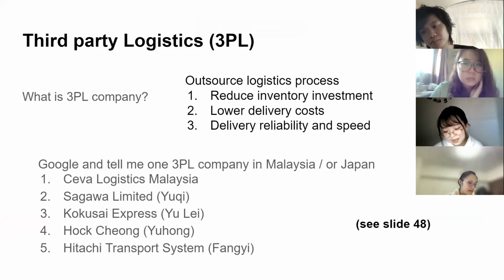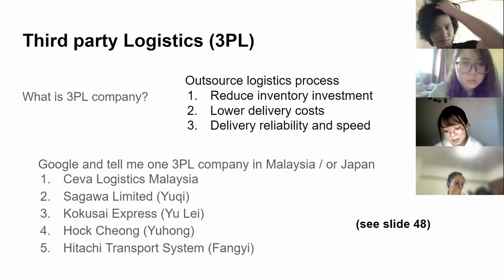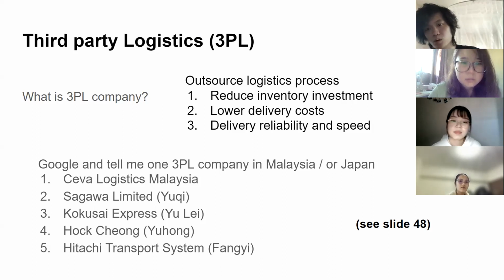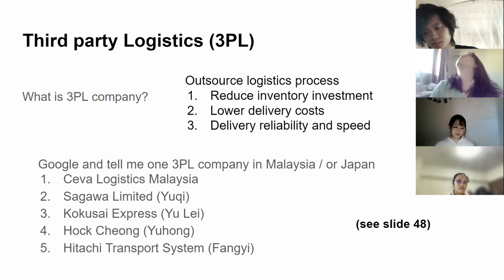This doesn't mean that, for example, FedEx, Federal Express, DHL, the big players, are not also 3PL. They also provide these logistics services, for example air freight, if they need to supply material as fast as possible to the US. For example, Intel has a factory in Malaysia. If they want to deliver some semi-processed parts, they can air freight them.